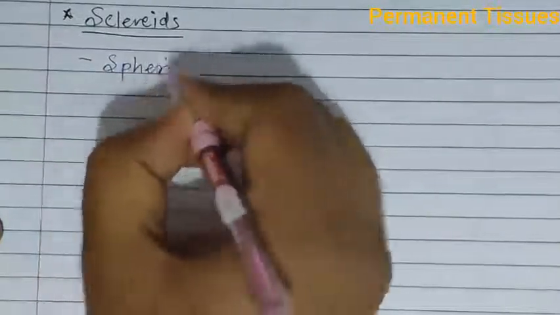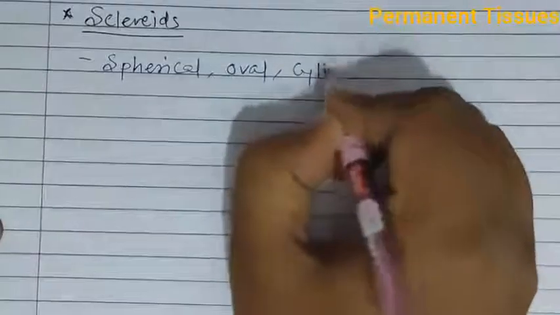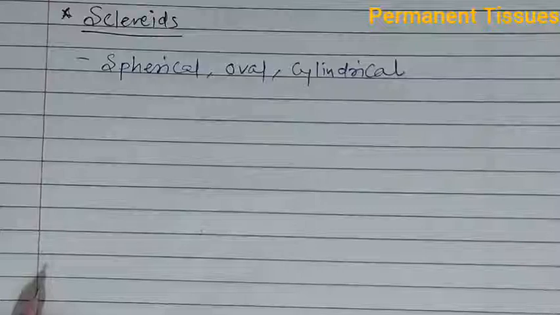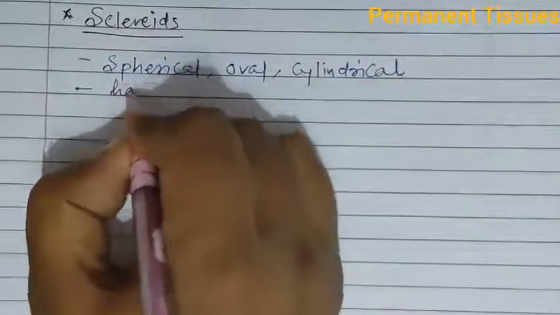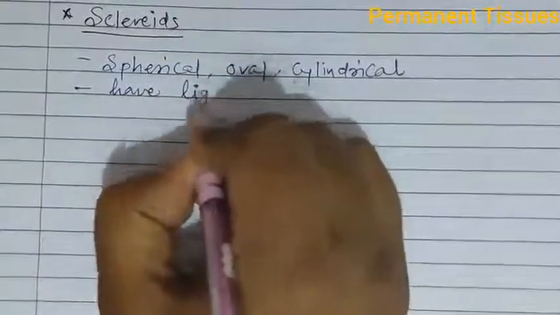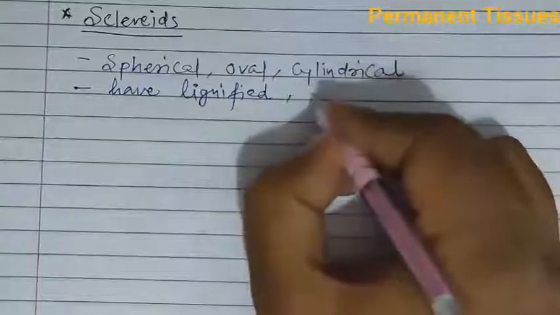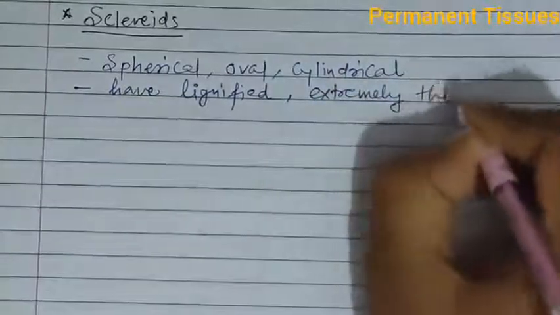Sclereids may be spherical, oval or cylindrical. They have a lignified and extremely thick wall.